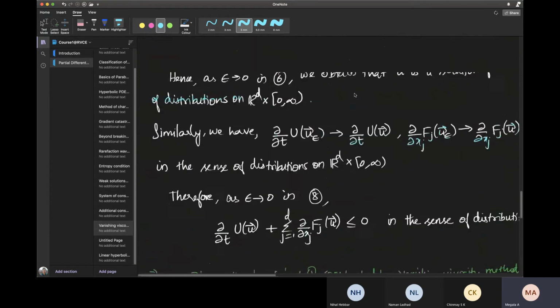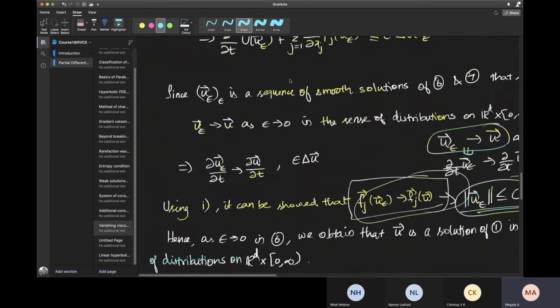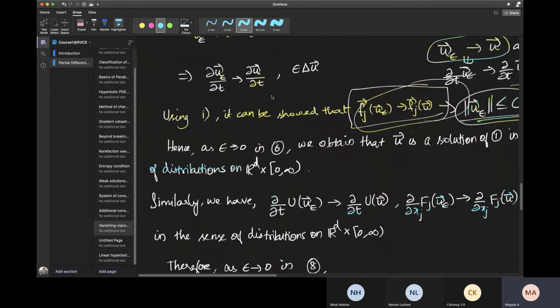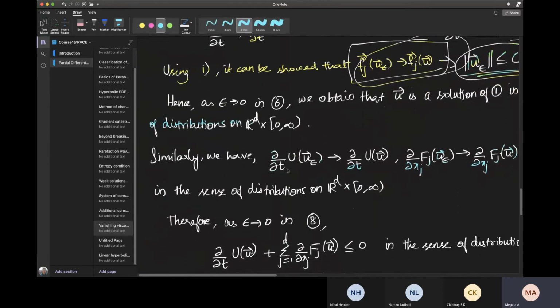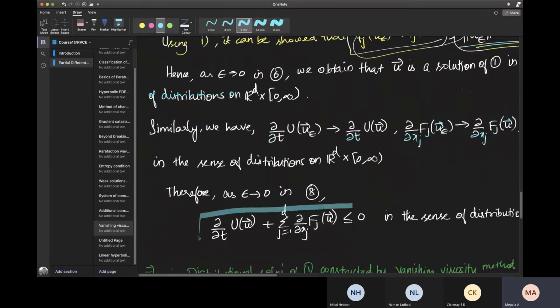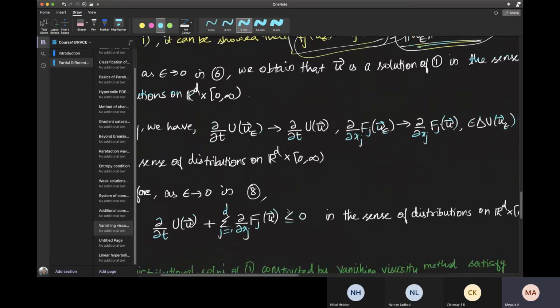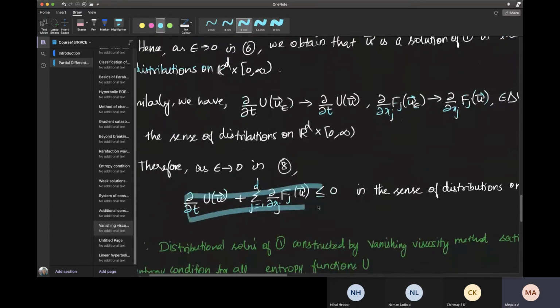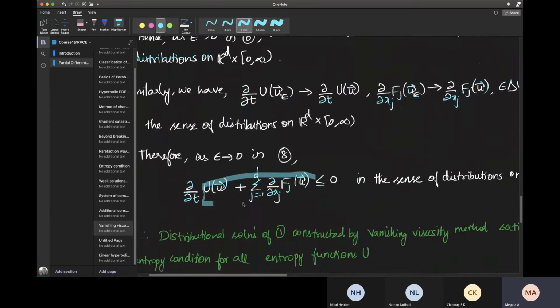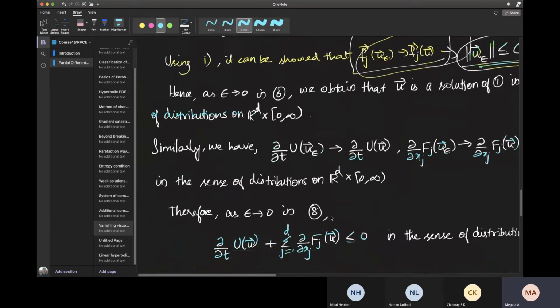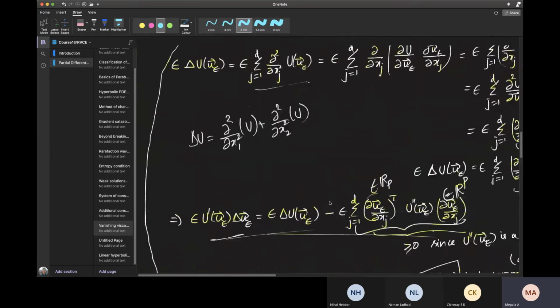So hence, the new inequality that we derived over here, equation A, transforms into something like this, true almost everywhere but not at all points, which means this is true in its weak form. That is, we have shown its weak form.